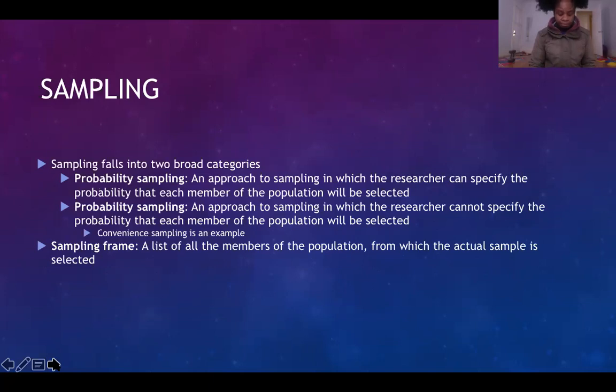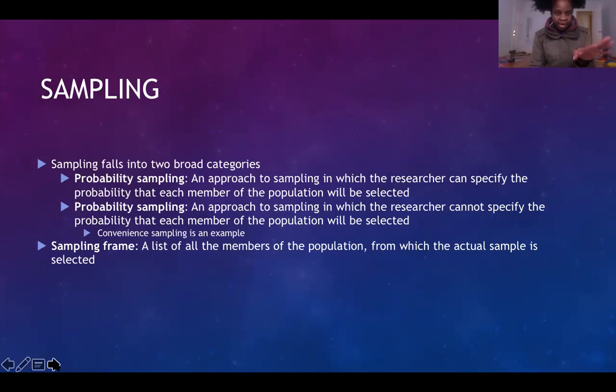Sampling. Okay, this is our final section. Sampling falls into 2 broad categories, probability sampling and non-probability sampling. And pardon me, on this slide the second one is non-probability sampling.